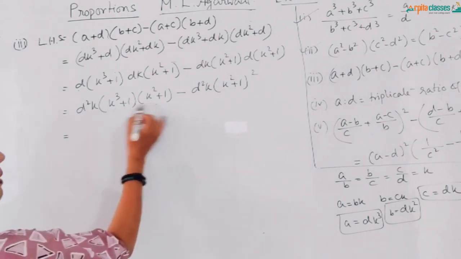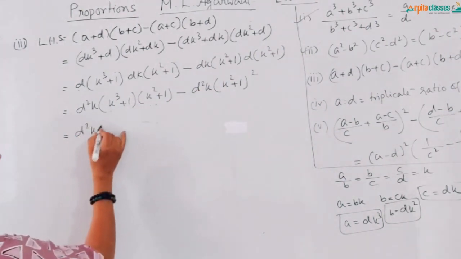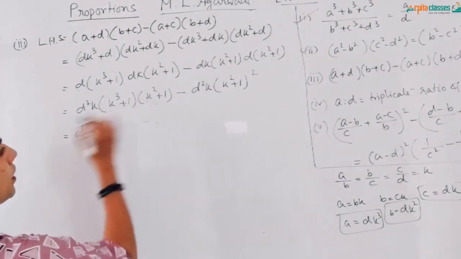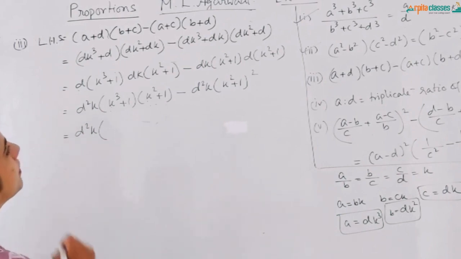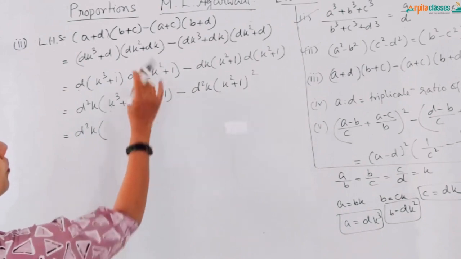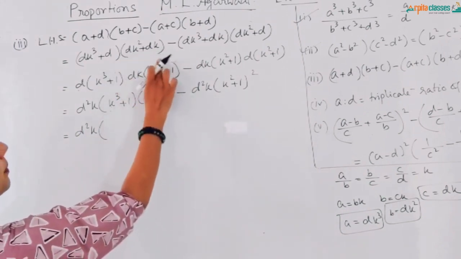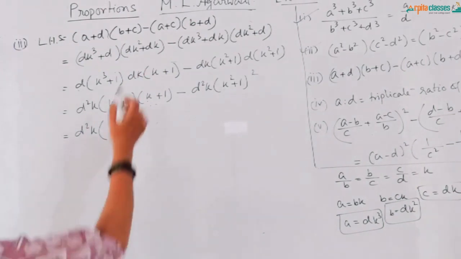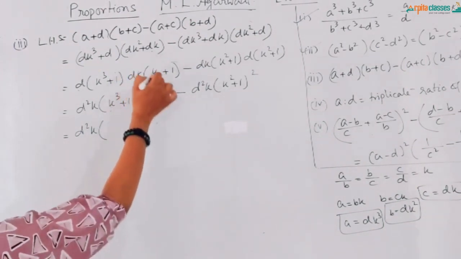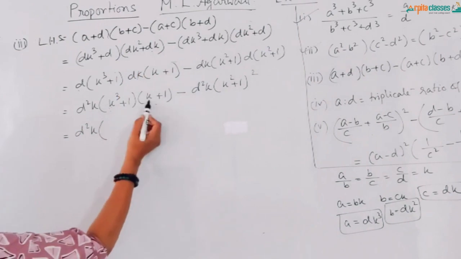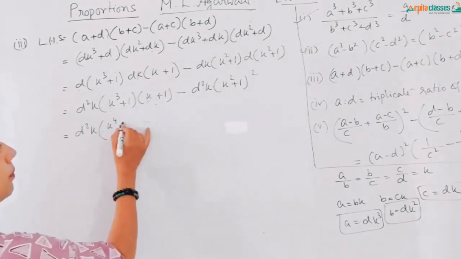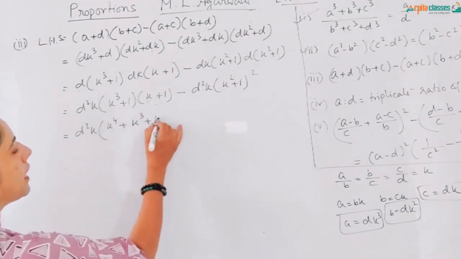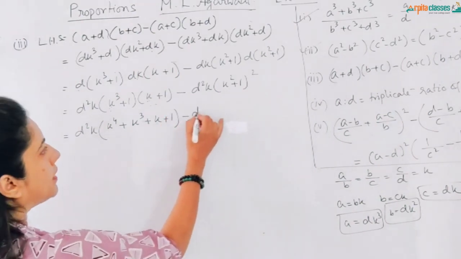Now let us multiply these two. It is d²k, k³ into k². Oh, I have taken dk common, so this will be k + 1, not k², k + 1. Because I have taken dk common from here, so it will be k + 1. So k³ into k is k⁴ + k³ + k + 1, minus d²k.